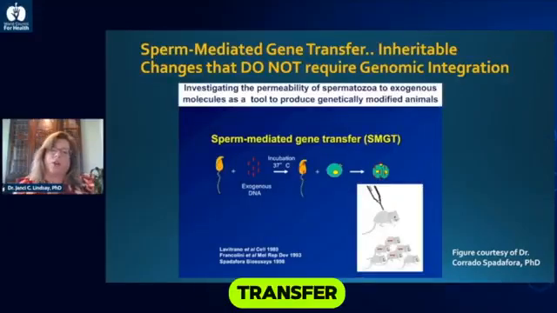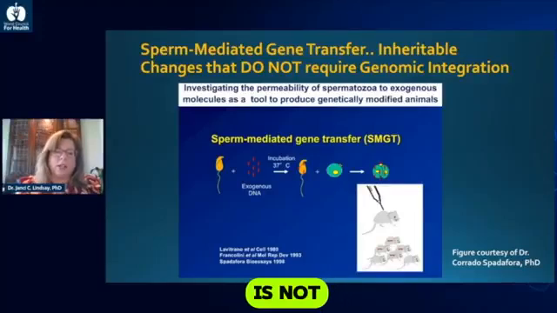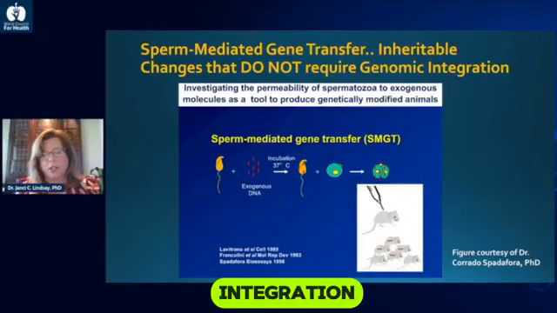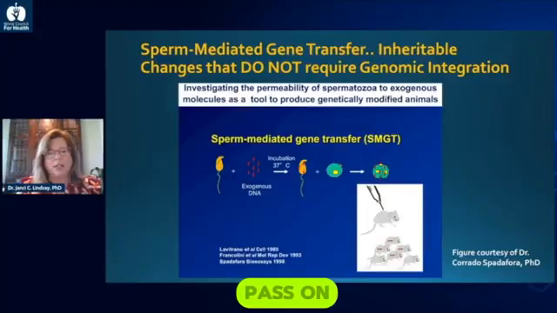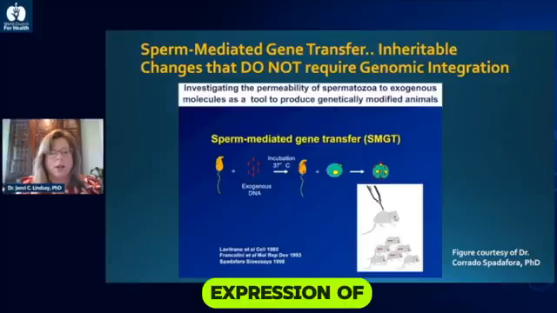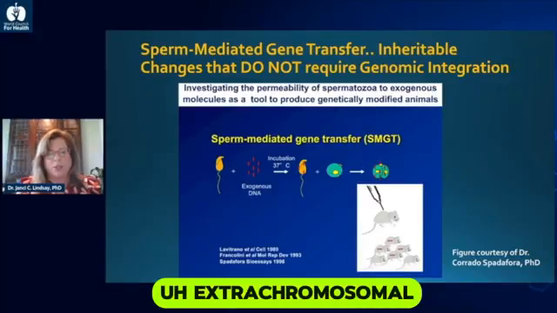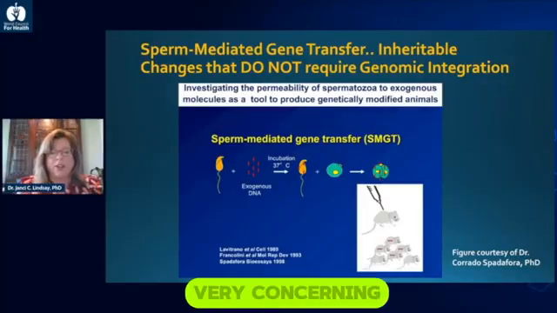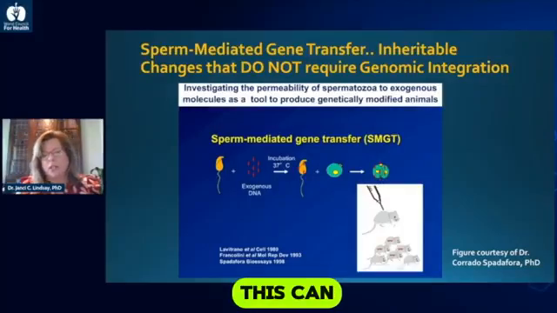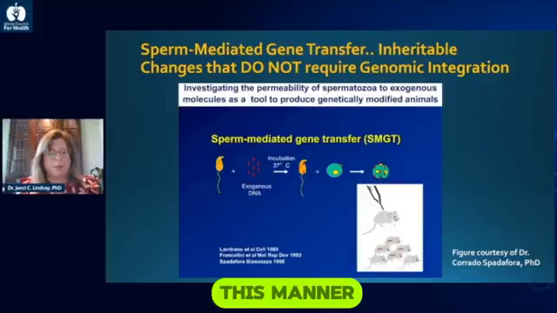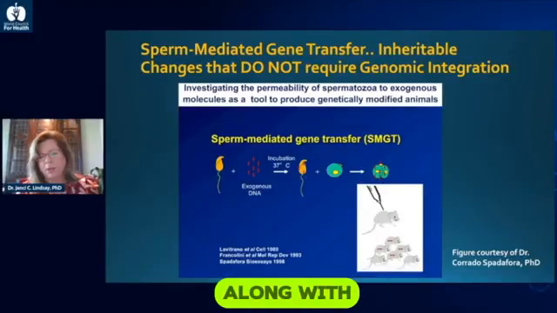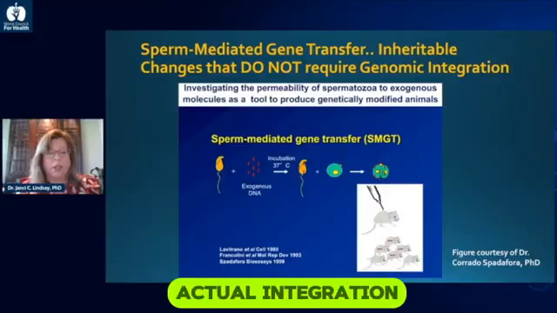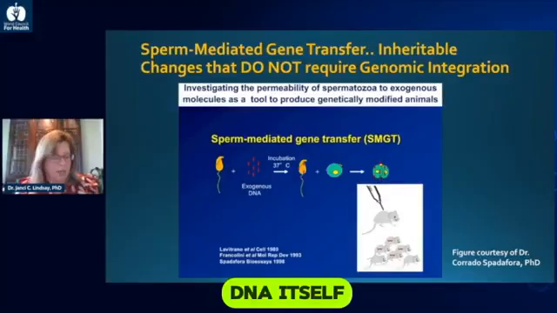Sperm-mediated gene transfer shows that it is not required to have stable integration into the genome in order to pass on low copy number, chimeric expression of extrachromosomal DNA expression. And this is very concerning. So this can pass on to 2 generations in this manner. And it's something that most definitely must be looked at along with the actual integration of the DNA itself.